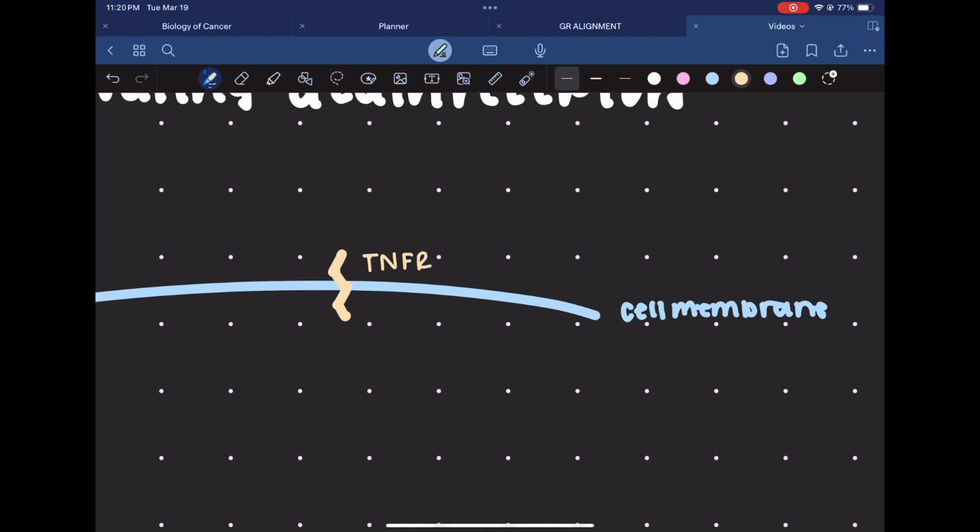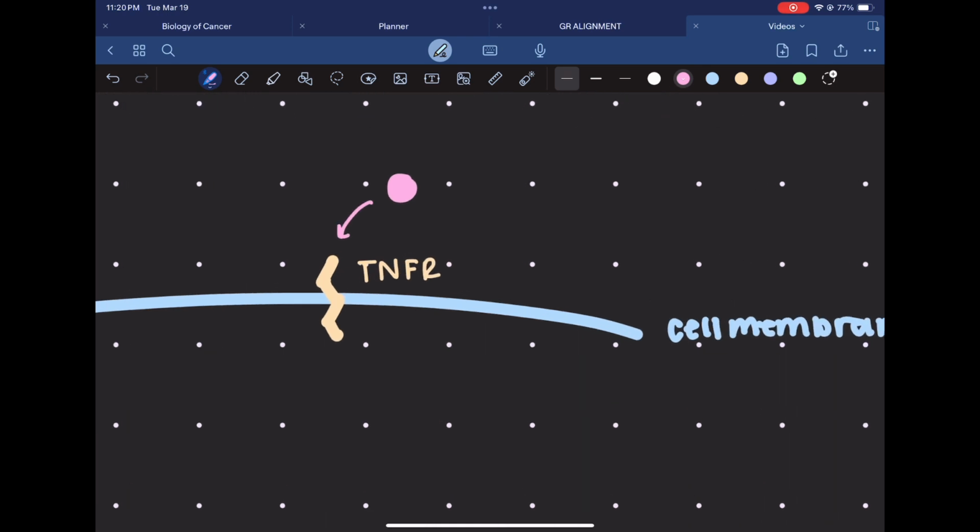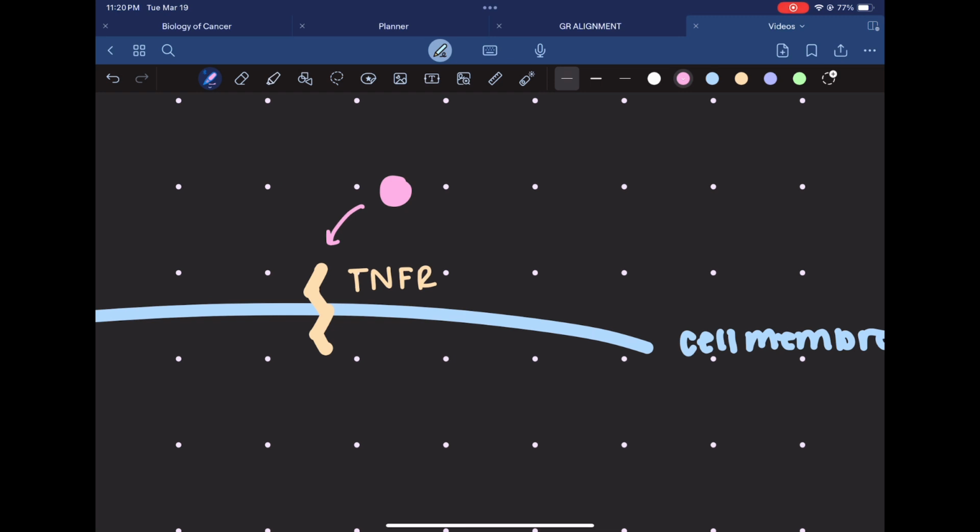We can have therapeutics that are going to come in and activate this TNF receptor, but they're not necessarily the endogenous TNF molecule.